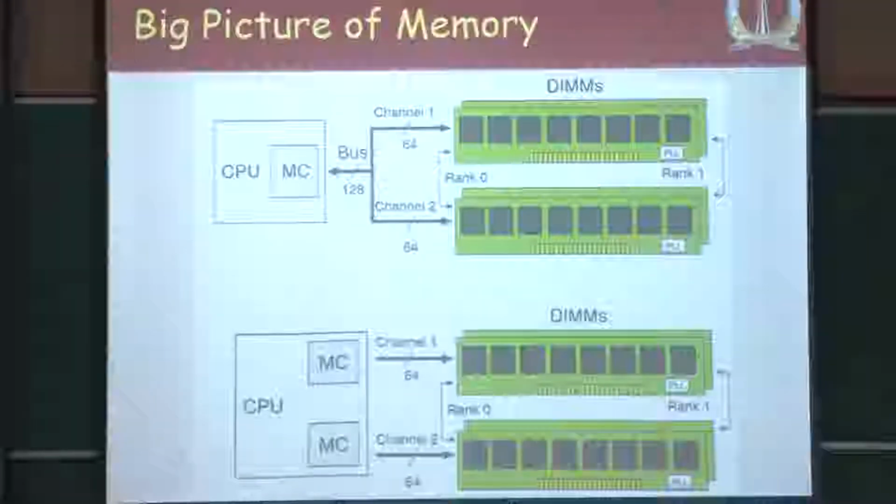Or there could be multiple memory controllers, and each one of these memory controllers can have their own channels. Channels are nothing but a set of wires, through which you can actually send commands to the memory and receive data from the memory. Send command and address to the memory and receive data from the memory, or send command, address and data to the memory and write data into the memory.